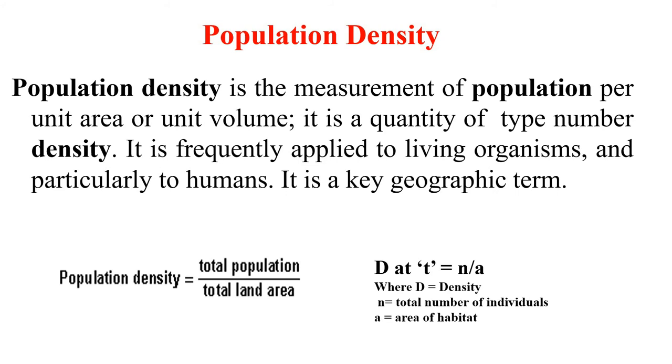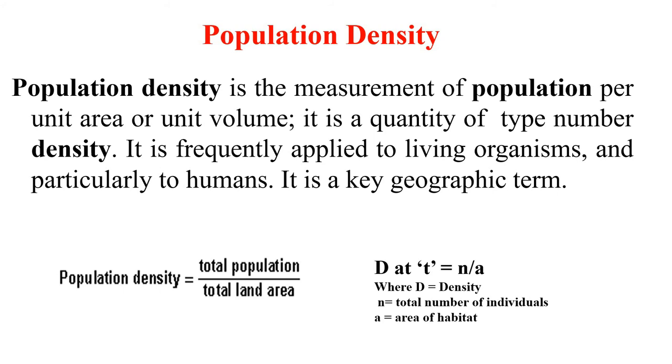It is a key geographic term. Means population density is measurement of population per unit area or unit volume. If it is inhabiting an aquatic environment, then per unit volume.